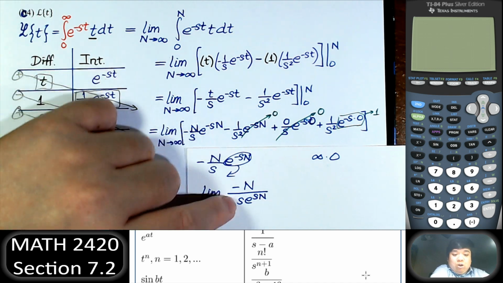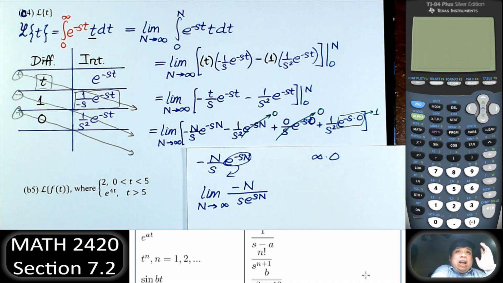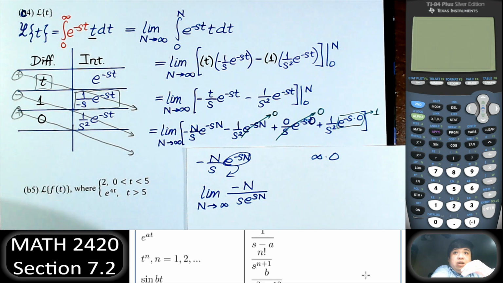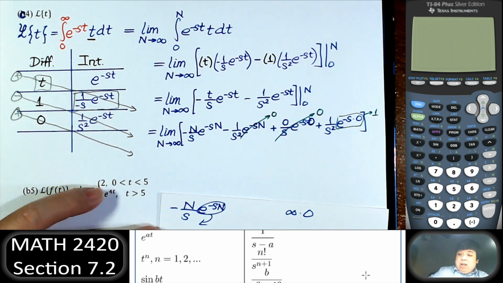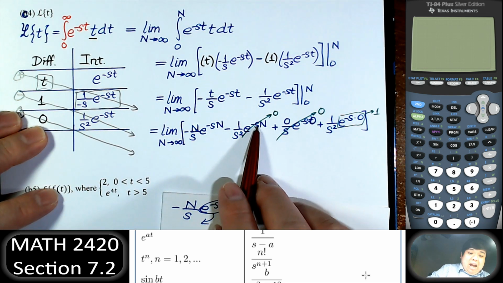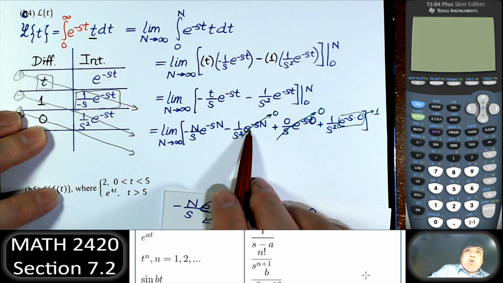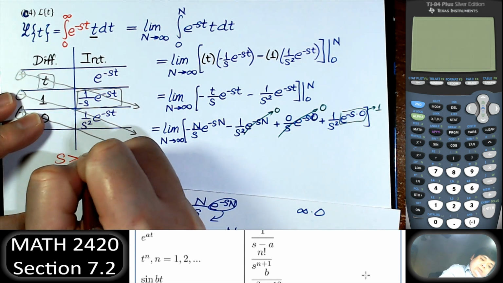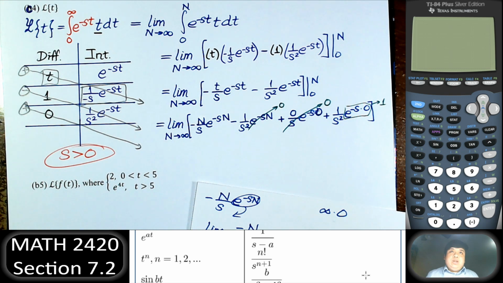Move that to the bottom, turn to positive. Now n goes to infinity, e to the sn goes to infinity. Once again, in this problem, we should assume s is positive. If s is negative, this does not go to 0. That is the big problem. So assume s is positive here.